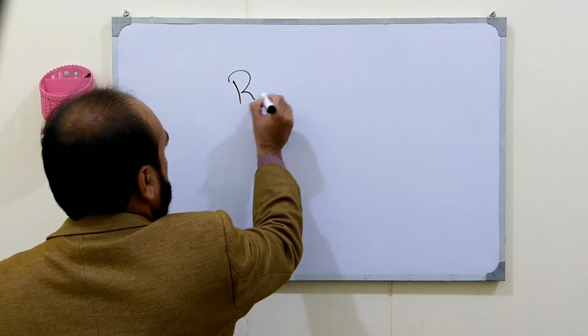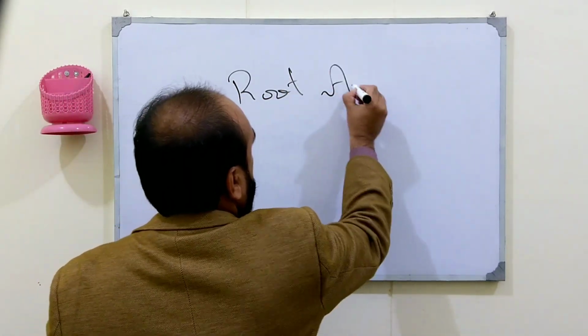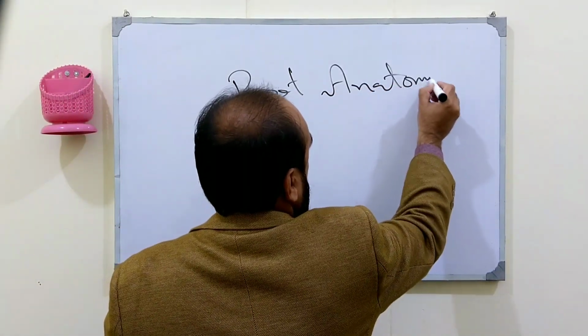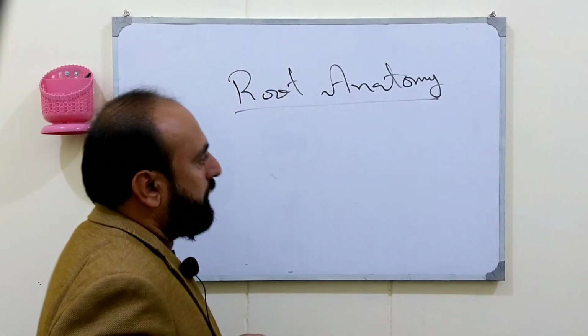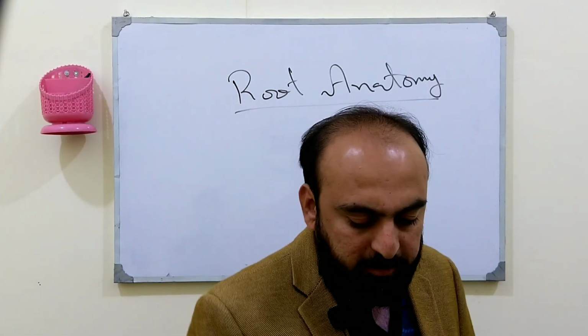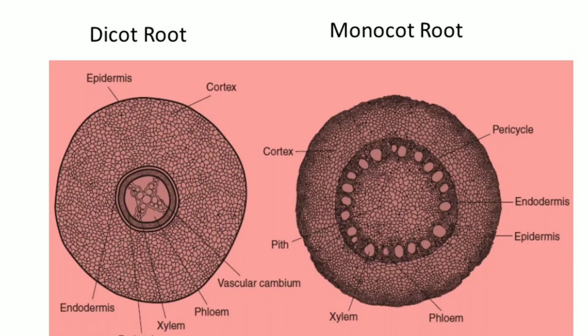If we talk about root anatomy, the principal difference between a dicot root and a monocot root is that in a dicot root, the vascular bundle is arranged in a star-shaped arrangement, whereas in a monocot root, the vascular bundle is arranged in a circular ring.